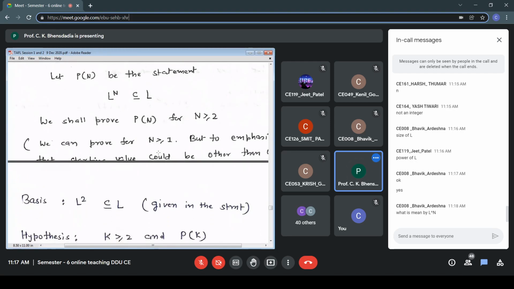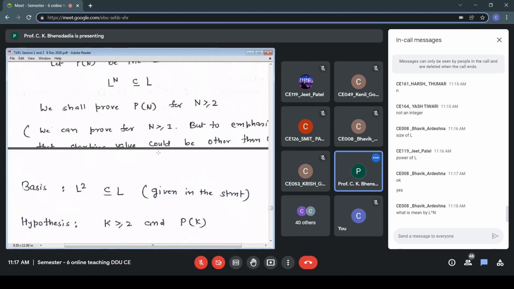Hypothesis: we talk in terms of K, and we specify the range of K. So K is greater than or equal to 2. The range of K is the same as the range of n, because K is any value of n. For any value of n, if the statement P(K) is true, then P(K+1) is true. So K is greater than or equal to 2, and P(K) is assumed to be true.